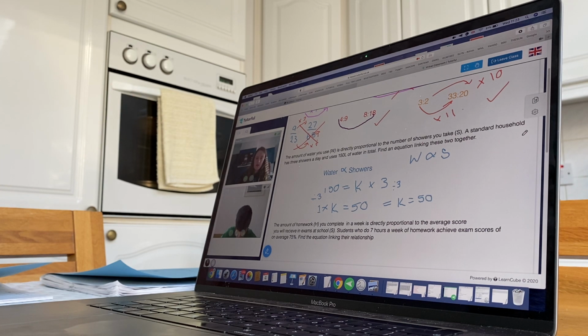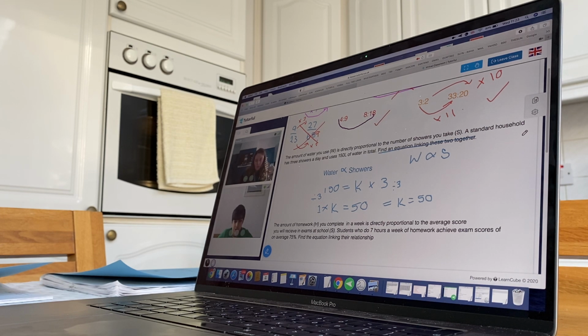And then this says find an equation linking them together. So we rewrite this as K equals 7. Find an equation linking these two together. So they have to multiply.